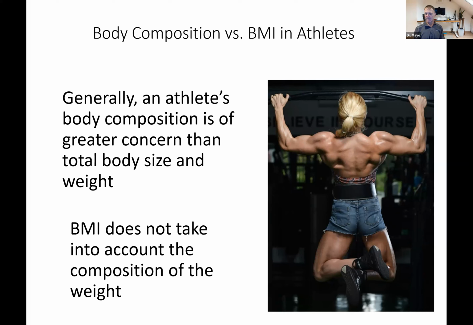What do athletes tend to have more of than, say, general exercisers? They tend to have more muscle mass. You especially see that in your strength and power sports. So that extra muscle is not a bad thing, right? Extra muscle we know is a good thing. So extra muscle increases the weight, which increases the BMI.